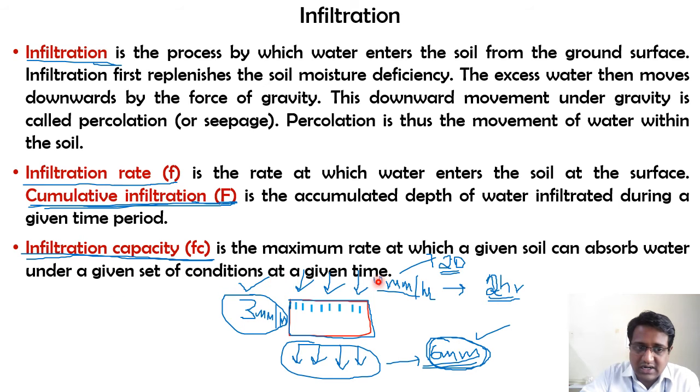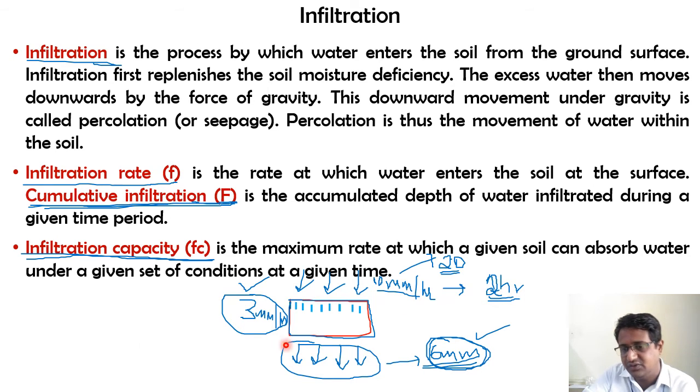So what it means in simple terms, if you check out the same scenario right now: rainfall is 10 mm per hour, infiltration rate is 3 mm per hour, and total cumulative infiltration is 6 mm for a duration of 2 hours of rainfall.